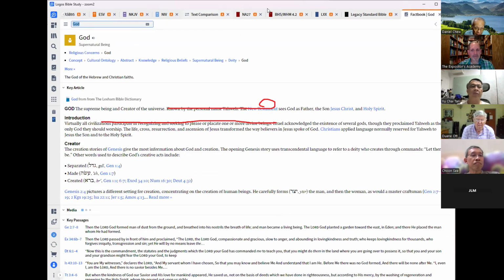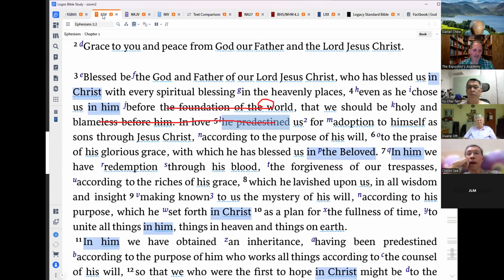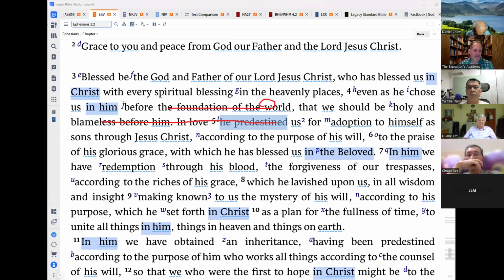That word in blue is predestining, a participle. It's not an independent clause. So the LSB tried to keep it more literal, closer to the original Greek text. The ESV chose to make it a separate sentence in order to make it a little more clear.